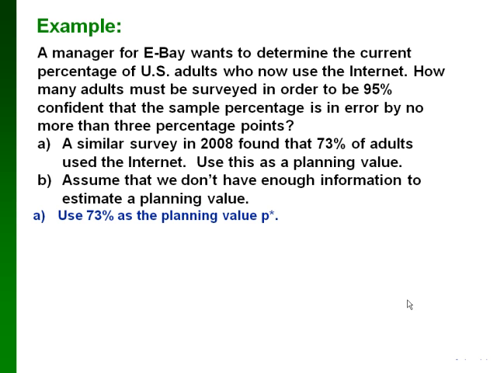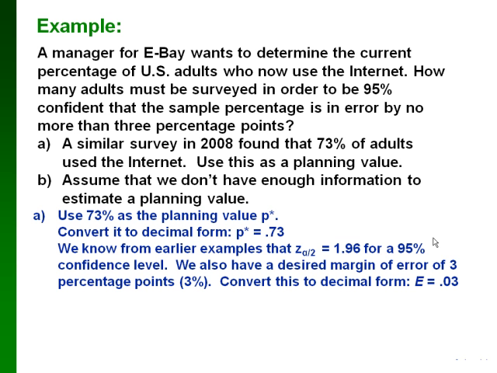So the first way, we're using 73% as the planning value p star. We convert it to decimal form, so that's 0.73. We know from earlier examples that for a 95% confidence level, our critical value is 1.96. The margin of error we want is 3 percentage points, so we have to convert this to decimal form. So E is going to be 0.03.